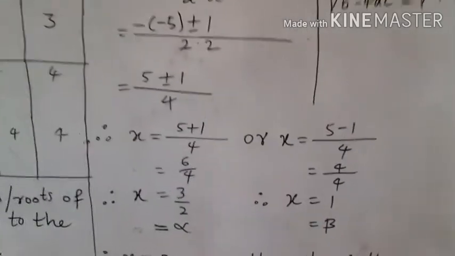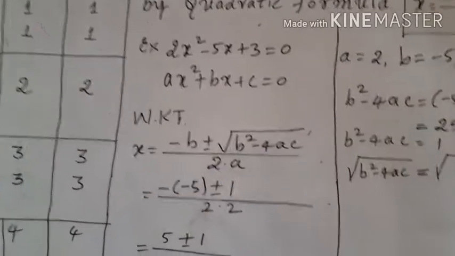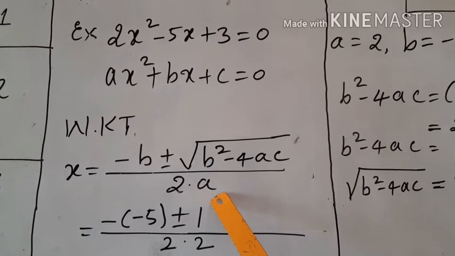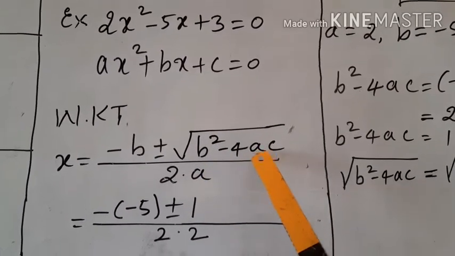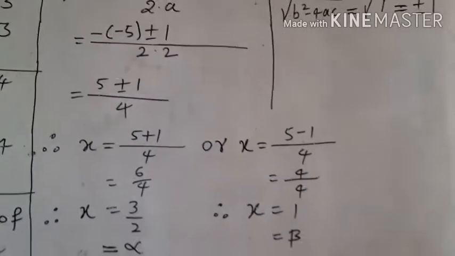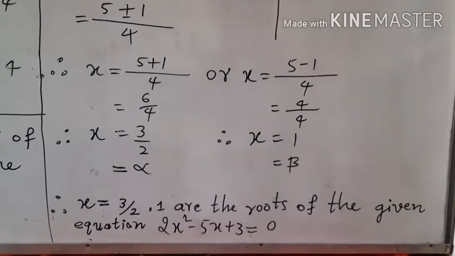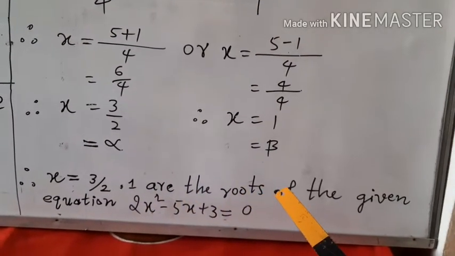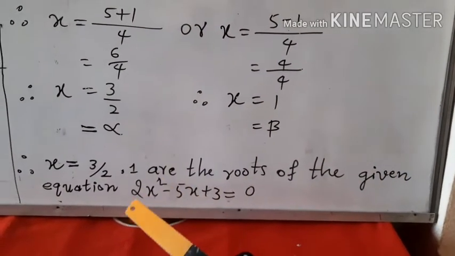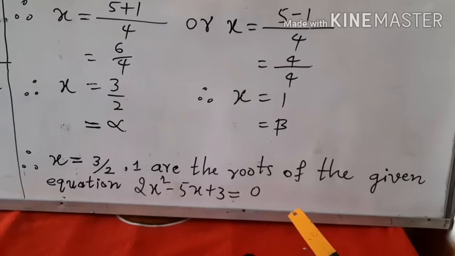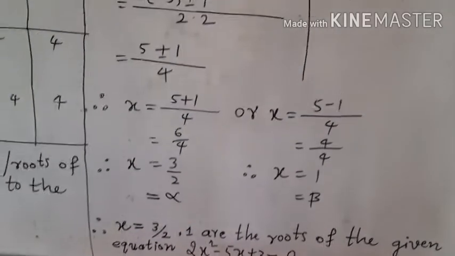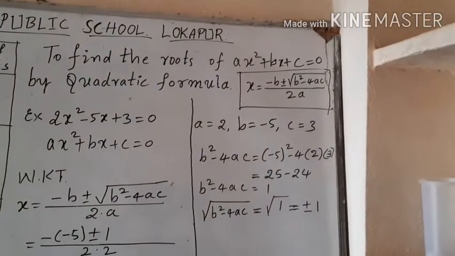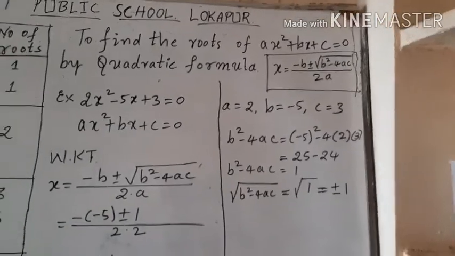So children, by using the quadratic formula x equal to minus b plus or minus root of b square minus 4ac upon 2a, we became able to find the two roots of the given equation. x equal to 3 by 2 and 1 are the roots of the given equation 2x square minus 5x plus 3. Similarly, you can take many more examples to find the roots of an equation by the quadratic formula.